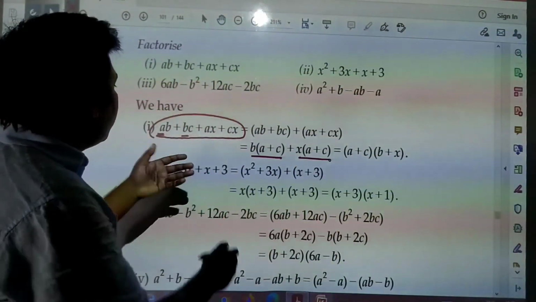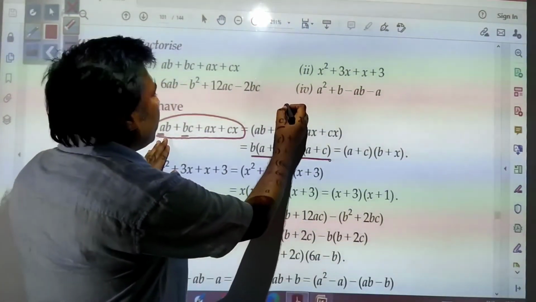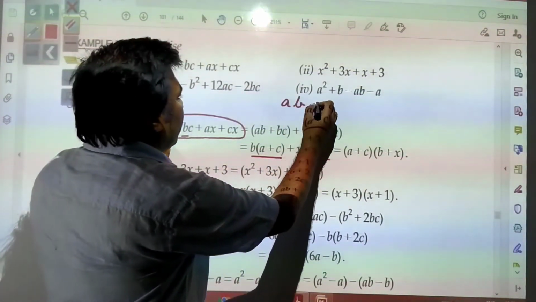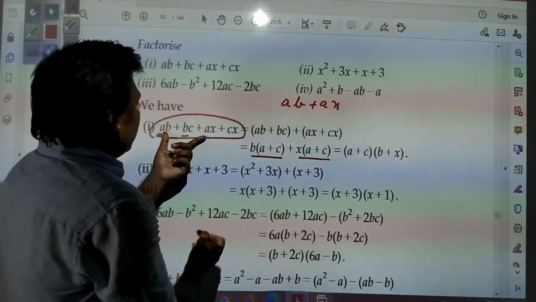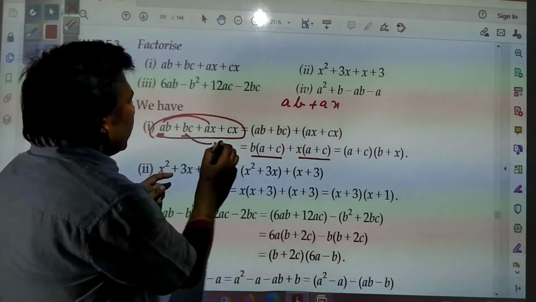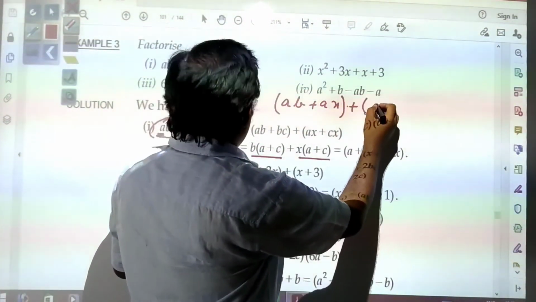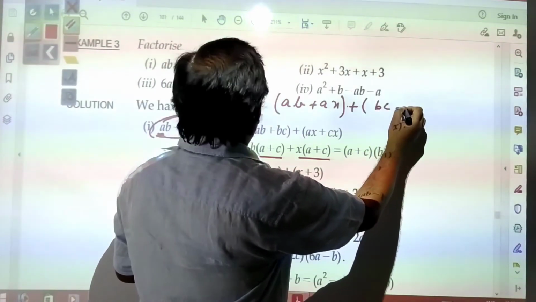So A plus C and B plus X you have got. This could be grouped in this way also. Suppose AB plus BC has been written, this could be written as AB plus AX also, because here you can see A and A common you have, and here you have C common. It can be grouped in this way also, BC plus CX.